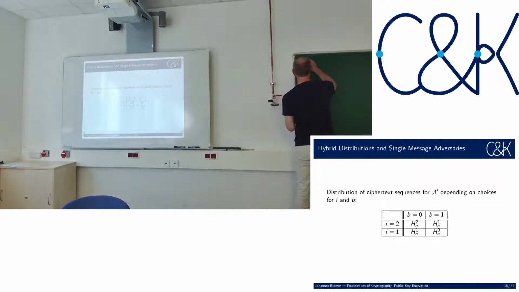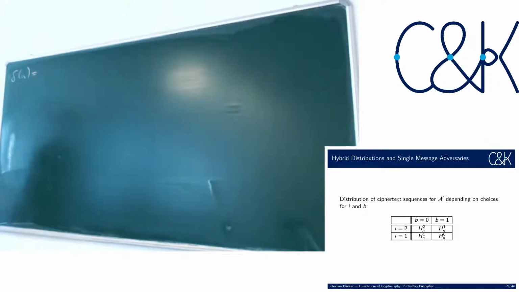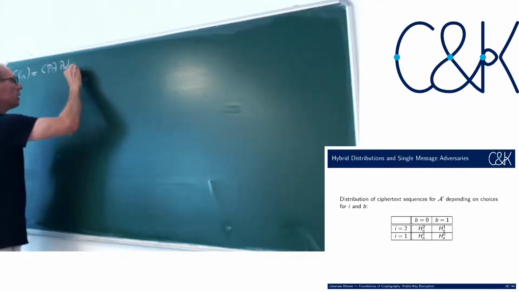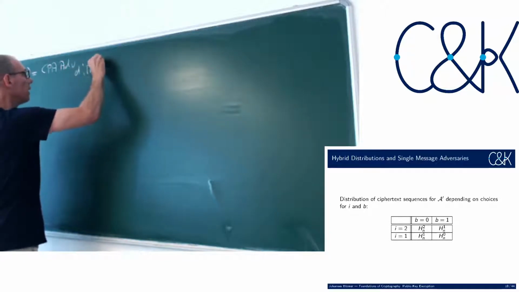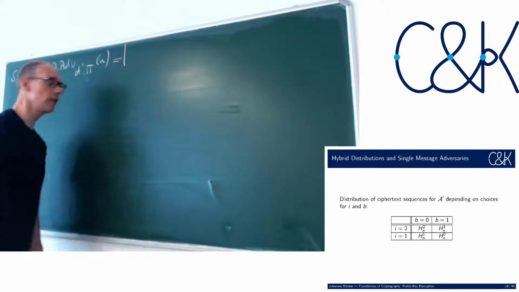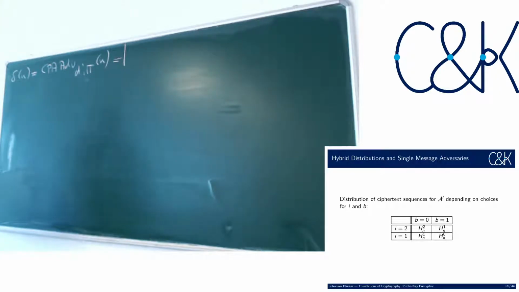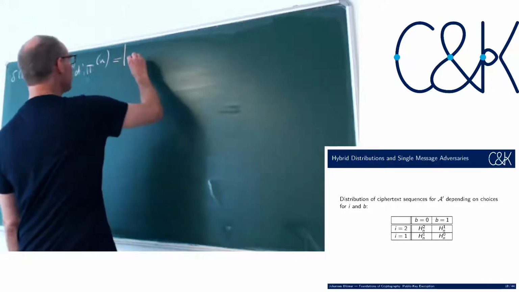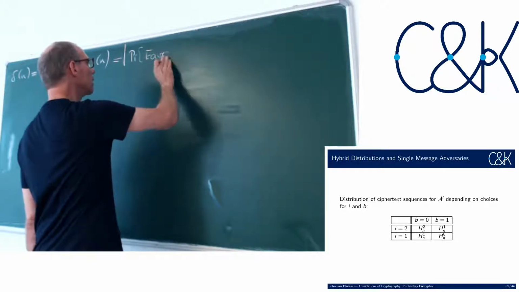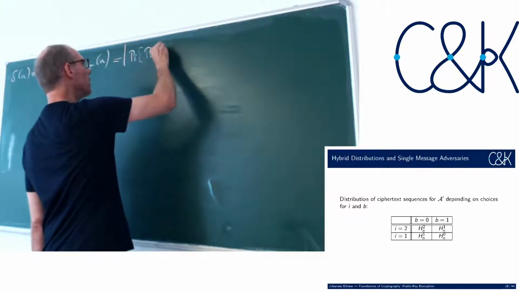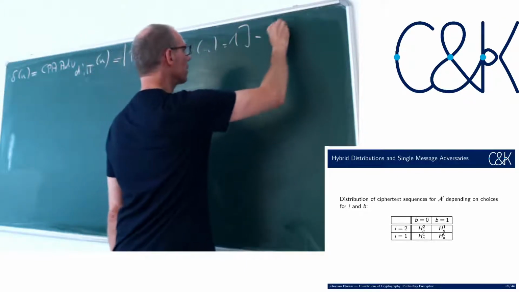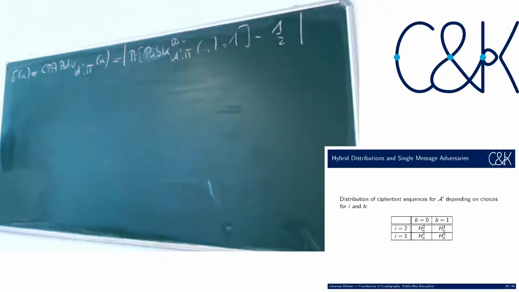So let's do this delta n, which hopefully I define as the CPA advantage of A prime against pi of n, which is, and let me try it with the absolute values, the probability that the eavesdropping experiment with A prime against pi of n outputs 1, minus 1/2, in absolute value.